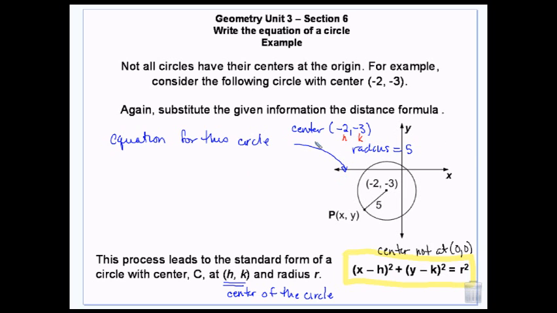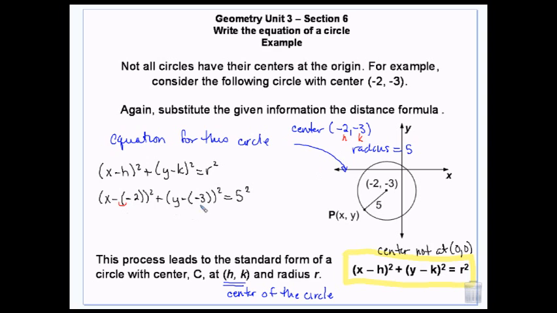So I'm going to plug those into this formula. I have x minus h squared plus y minus k squared equals r squared. x minus -2, because h is -2, y minus -3 is equal to 5 squared. Any questions about that part so far?